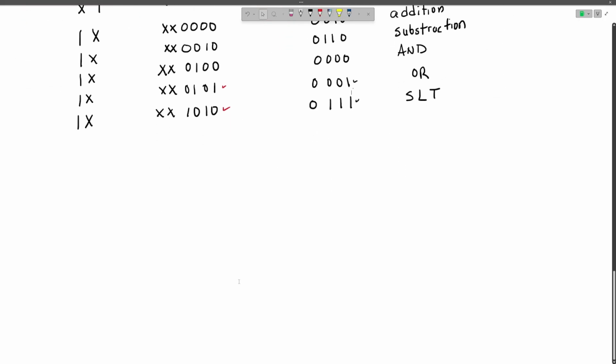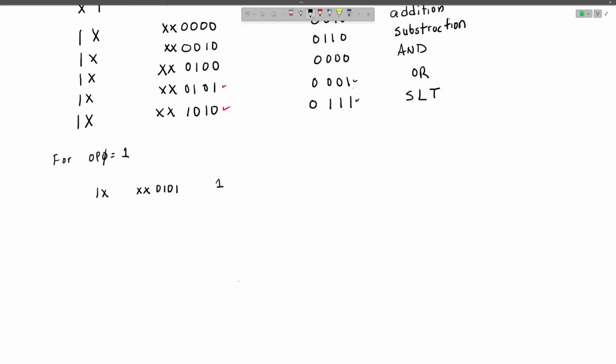So let's take those two and consider OP 0 is equal to 1. We had that 1x, x, 0, 1, and that one I got a 1. I got another one here, xx, 1, 0, 1, 0. And remember, this is an OR, this is SLT.